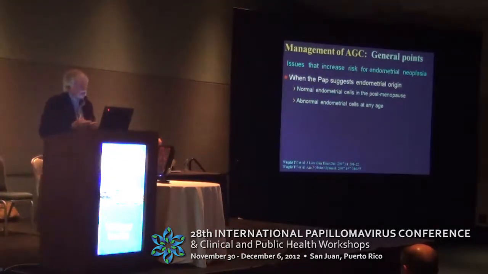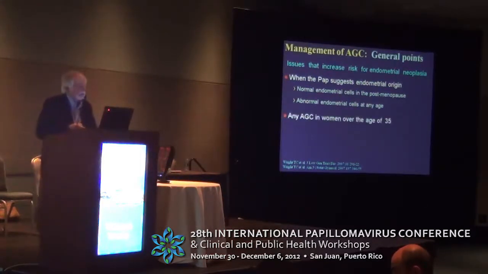So the issues that increase the risk for endometrial neoplasia are those that we've already talked about, but also if the Pap suggests endometrial origin and it's a woman who is postmenopausal, that increases risk even if it's normal endometrial cells. And abnormal endometrial cells at any age would put a woman in the situation of needing endometrial evaluation. We've already talked about the other reasons.